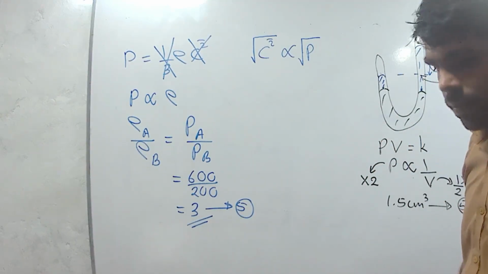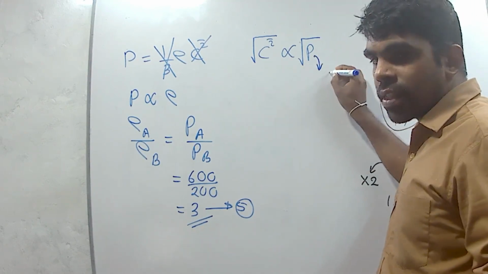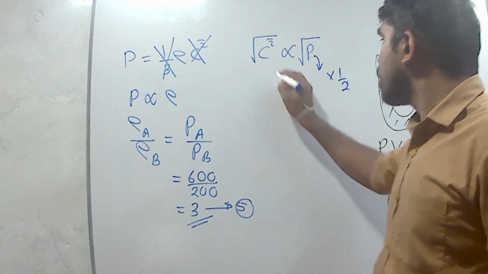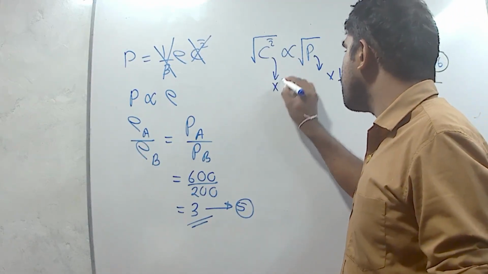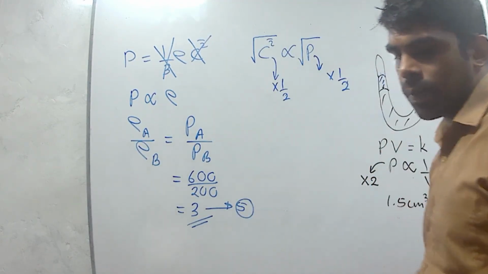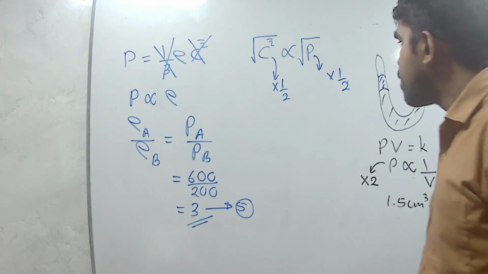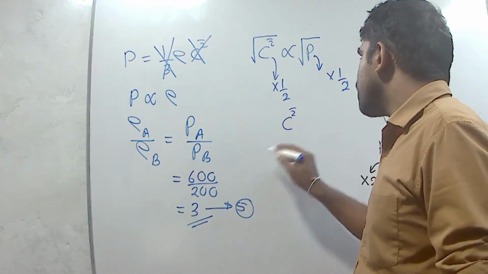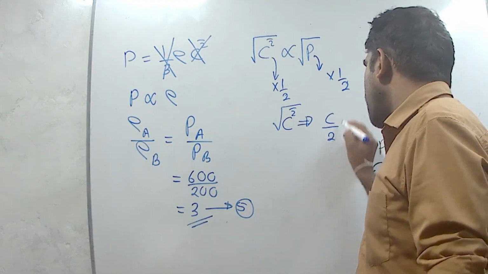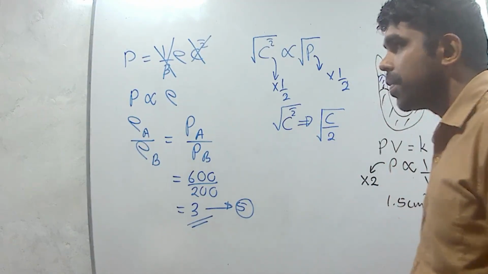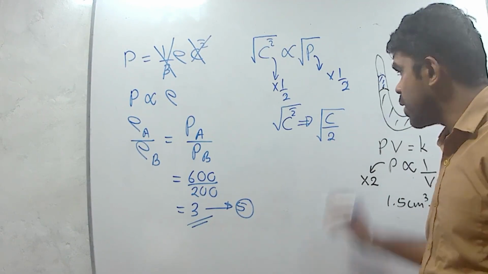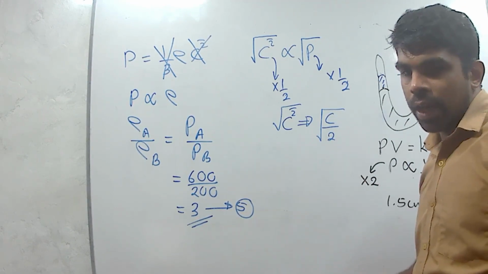Now we can obtain, when pressure is half of the initial value, C square bar also should be half, but this half is within a square root. Therefore, C square bar root should be C divided by root 2.